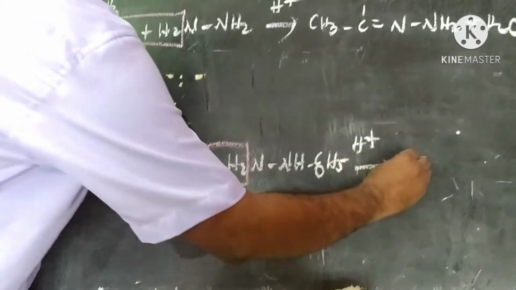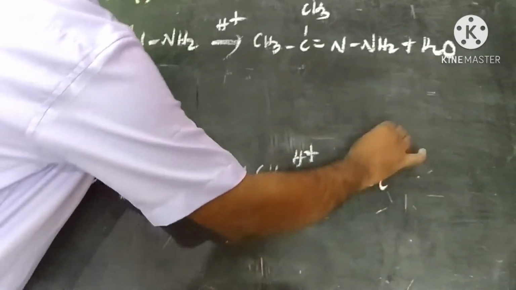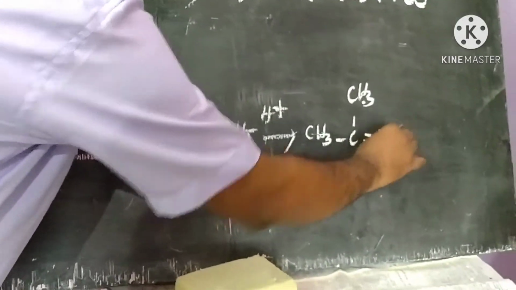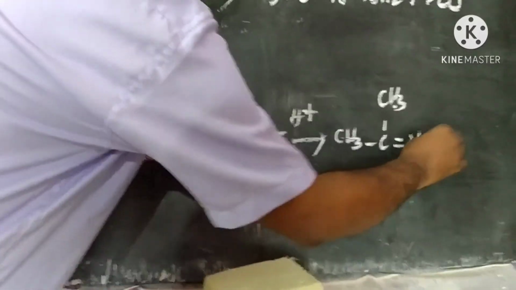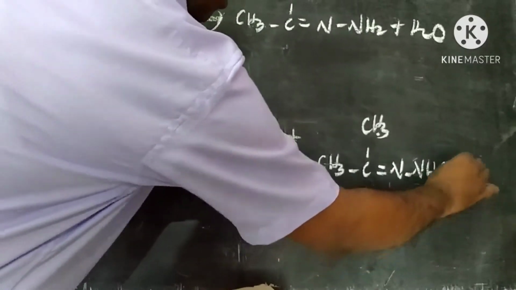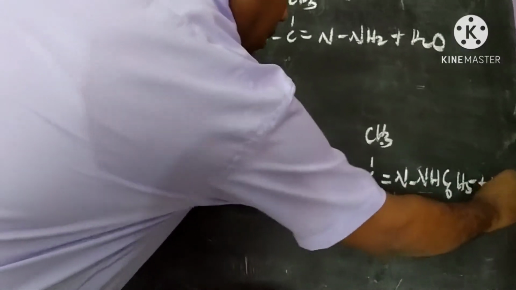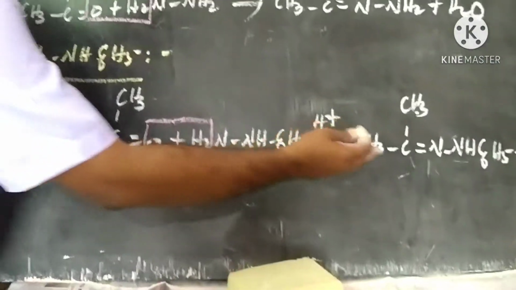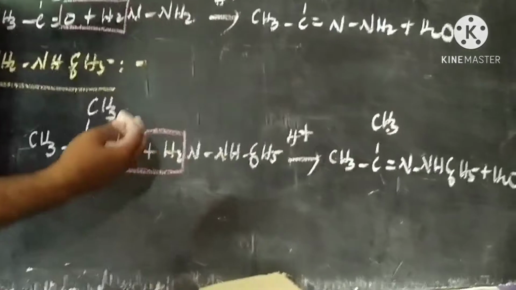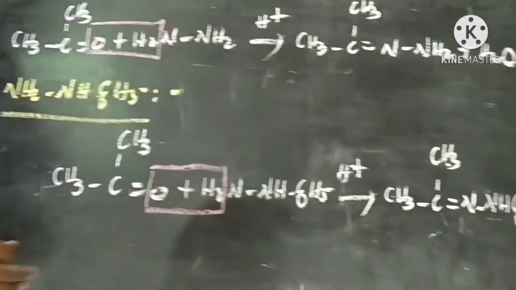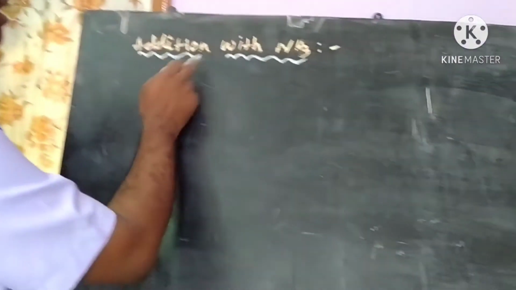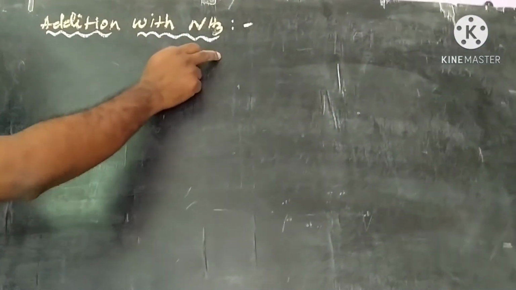So balance: CH3 C(CH3) double bond N NH C6H5 plus H2O. Okay, so that is the acetone phenyl hydrazone.